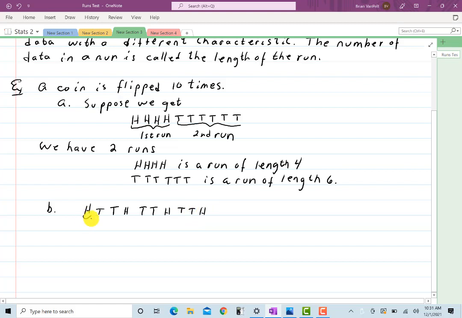That's our first run, our second run, our third run, our fourth run, fifth, sixth, and finally, seventh. Total of 7 runs, and they vary in length from 1 to 2.